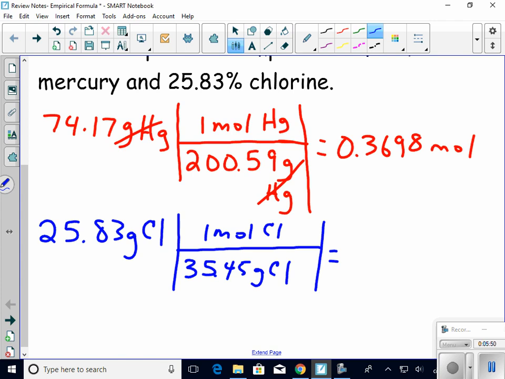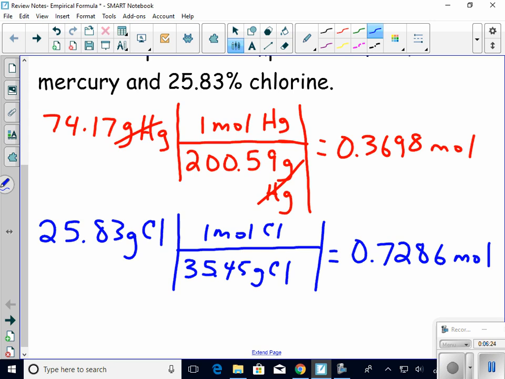I take 25.83 and divide that by 35.45, and it gives me 0.7286 mole. Now, that is nothing new. We've done molar conversions. We've gone from mass to moles.